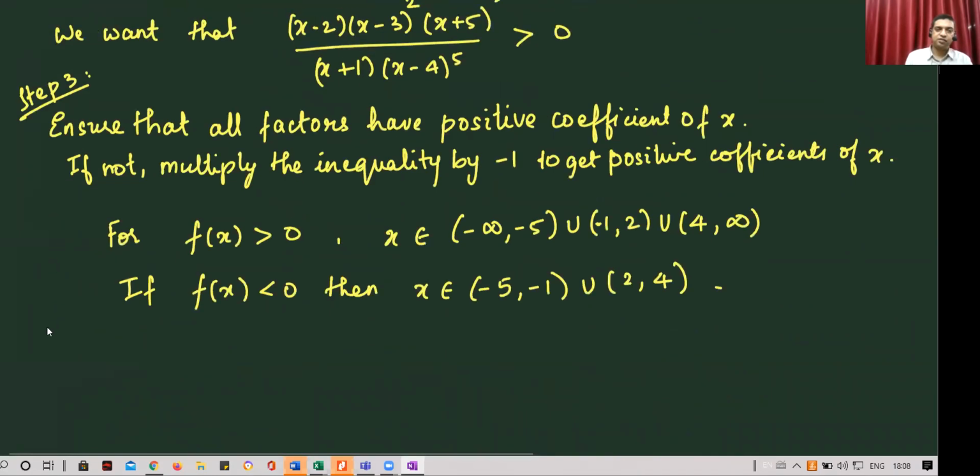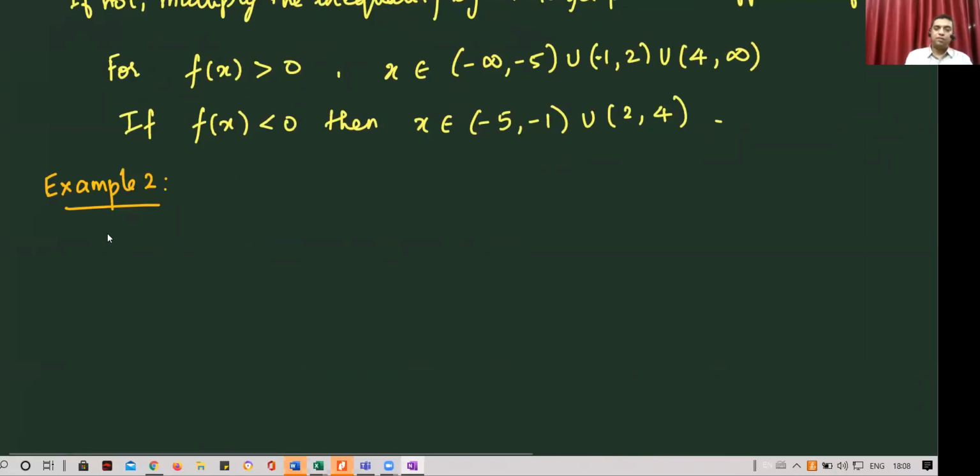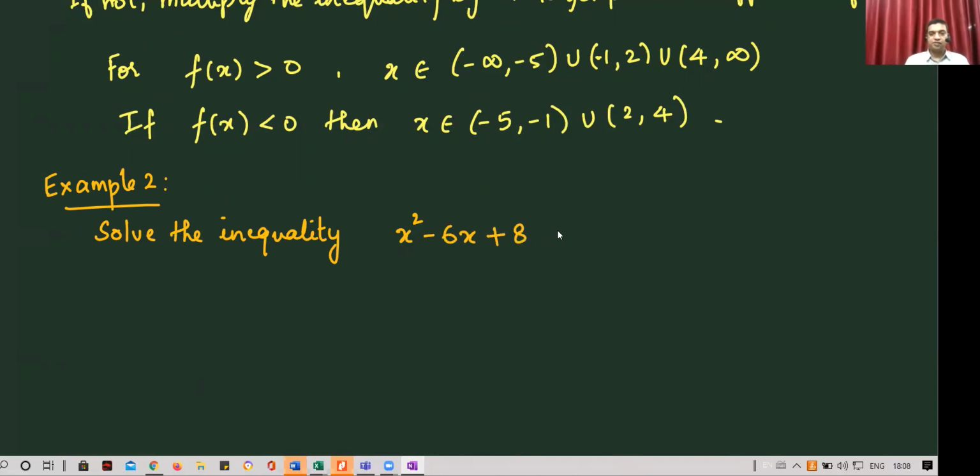Once you have done this, I'll say solve the inequality. x square minus 6x plus 8 less than 0.